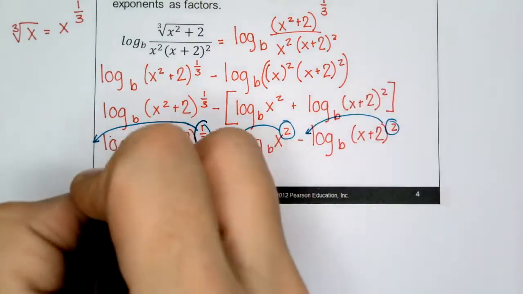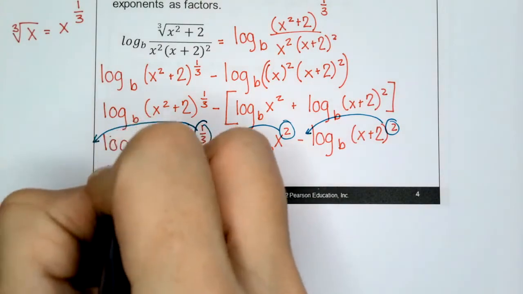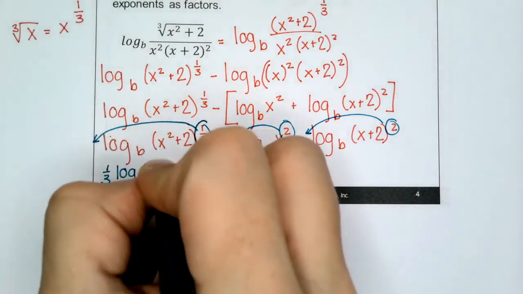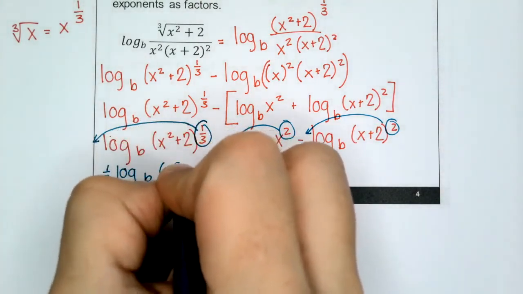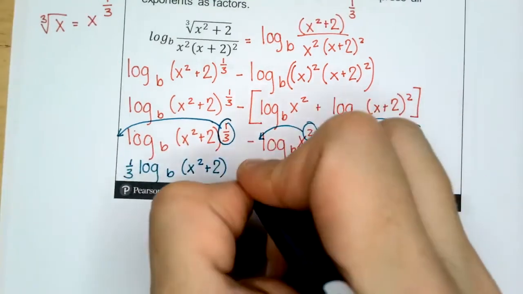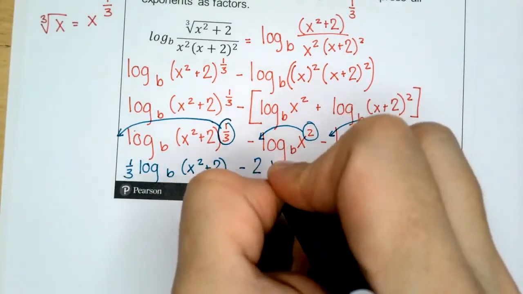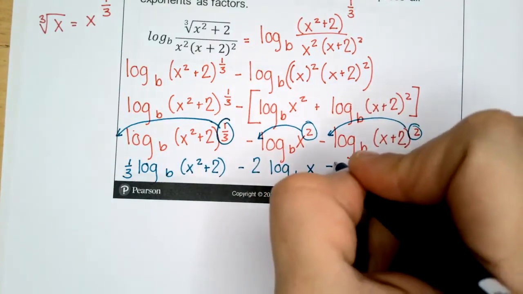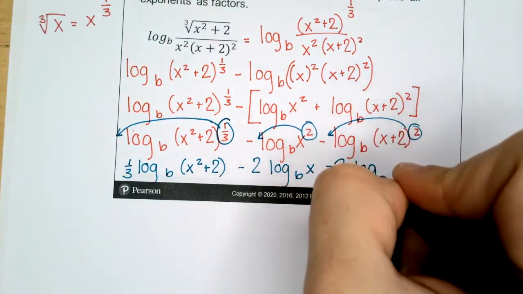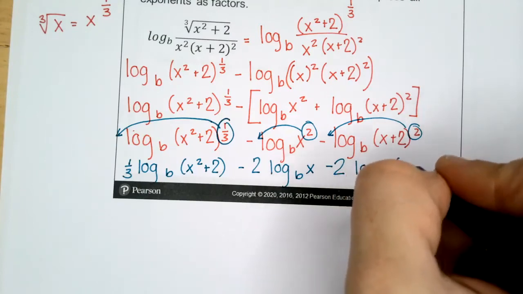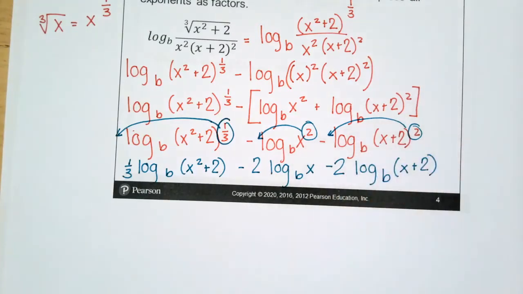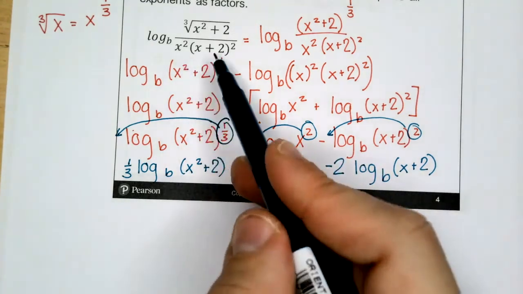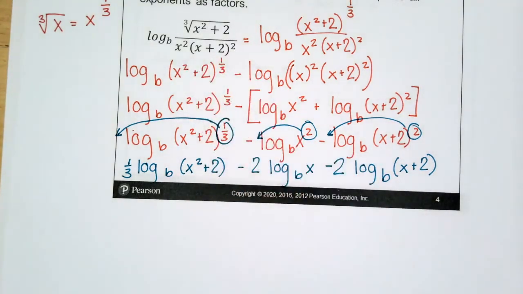So my final answer is 1/3 log base b of x squared plus 2 minus 2 log b of x minus 2 log b of x plus 2. And that is all I can do. I started with a log of a polynomial fraction and expanded it to the difference of 3 unique logs.